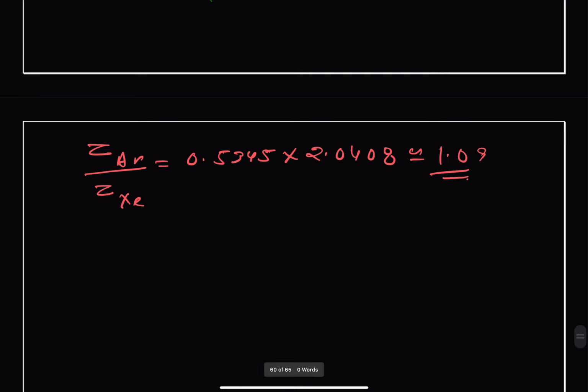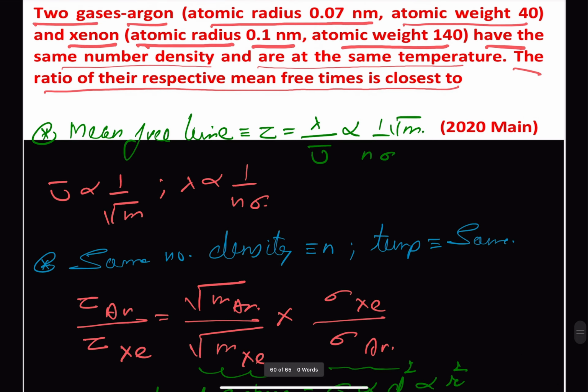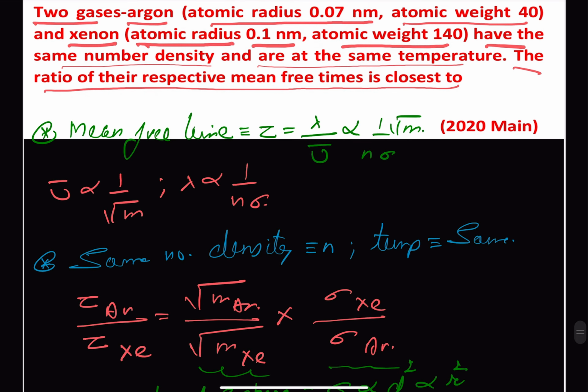This is actually very far from the answer. Okay, I forgot to put the options. So the actual value is 1.09, but the option that is given, anyways, it doesn't matter.